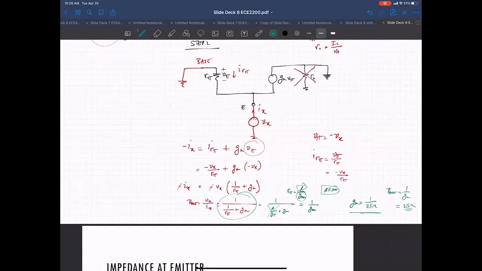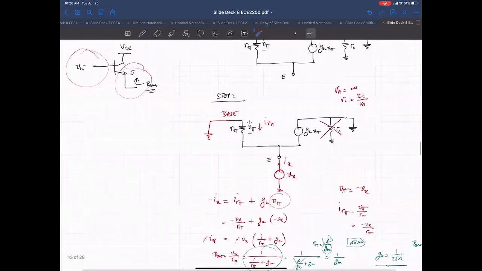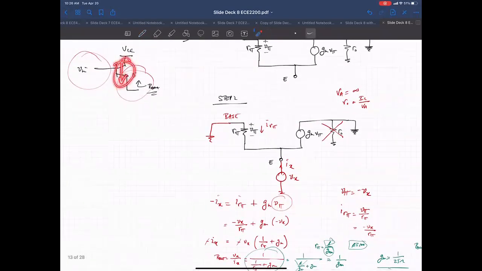And you can also control G sub m. We could always pump more current through this. G sub m is I sub C over V sub T, so we can pump more current through this guy and reduce our output resistance. And remember that as far as output resistance is concerned, a lower number is better.